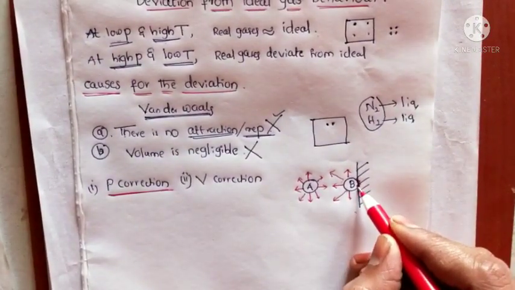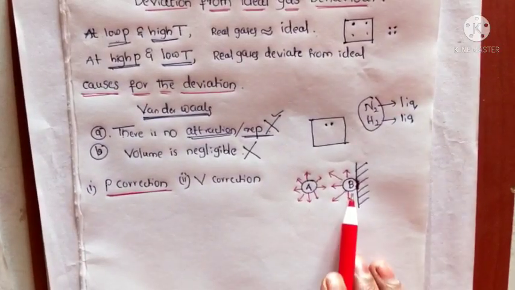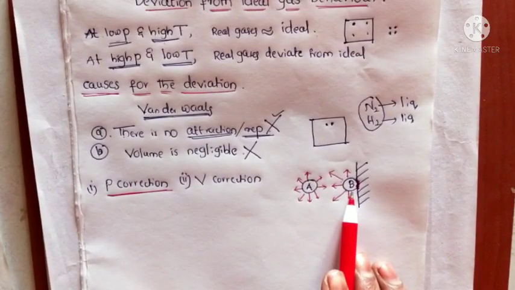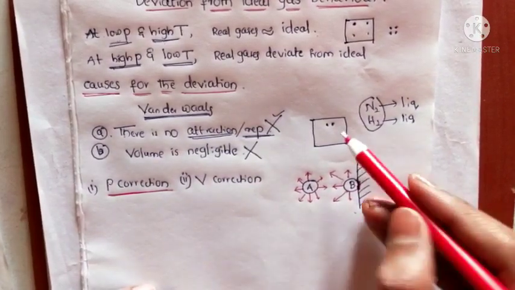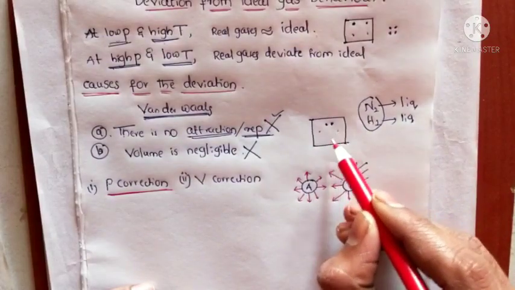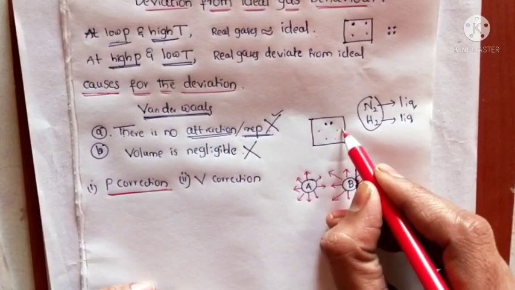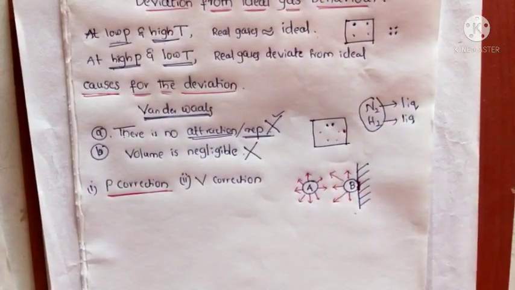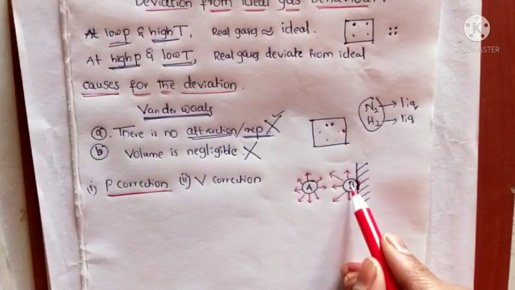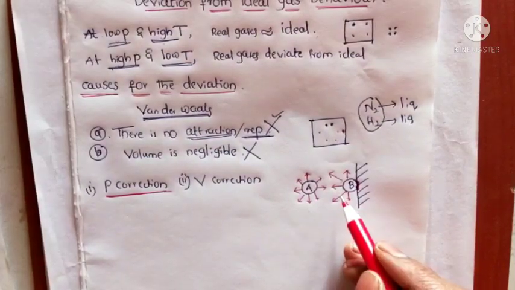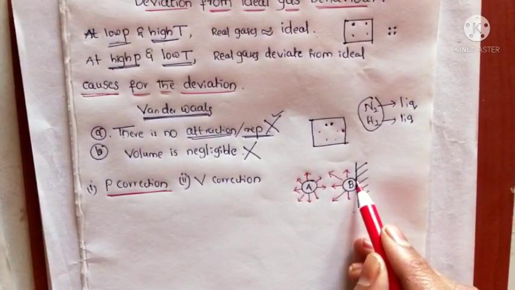The pressure exerted by the B molecule is very less compared to ideal gases. In ideal gases, there is no attraction force or repulsion force between molecules. That's why here the pressure is strong. At high pressure, molecules come close to each other, so the B molecule is drawn back by other molecules, and the exerted pressure is very less.